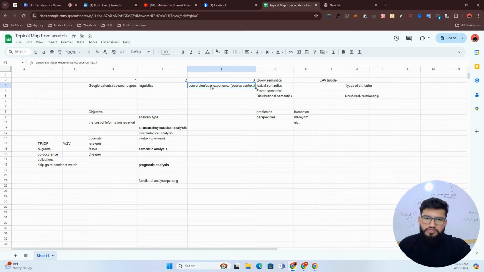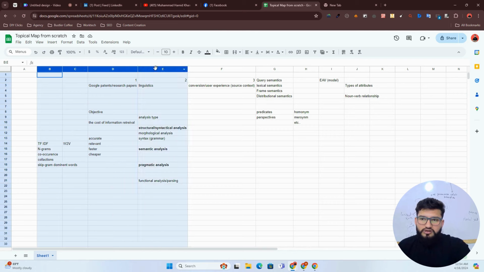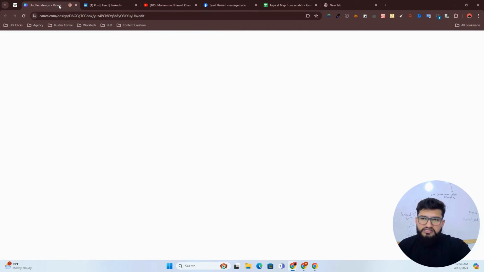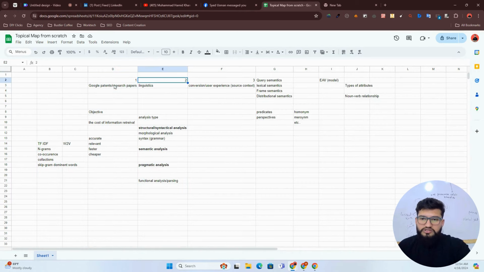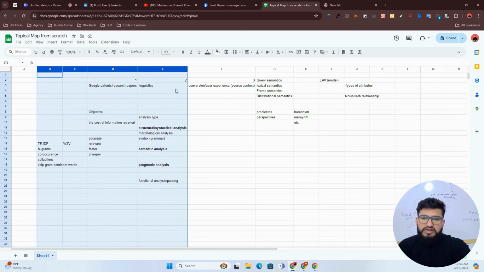And then we're going to focus on the business point of view as well. If we combine the strategies from these two parts, Google patents and linguistics, but our topical map is not centered around conversion or the business perspective, and we are not generating leads, there's no benefit at all in spending that kind of cost on creating and publishing a content network on our website.